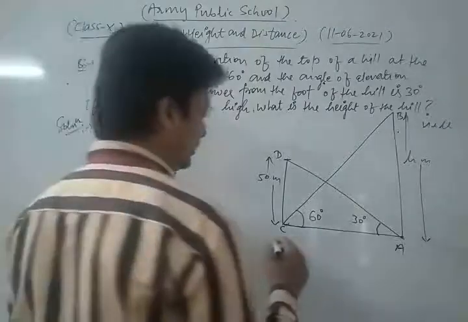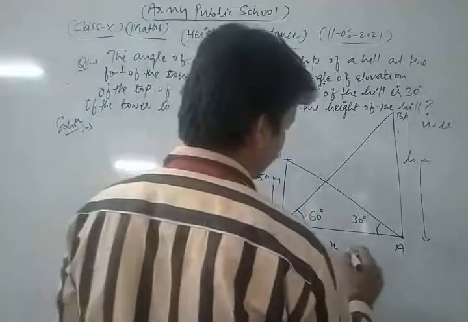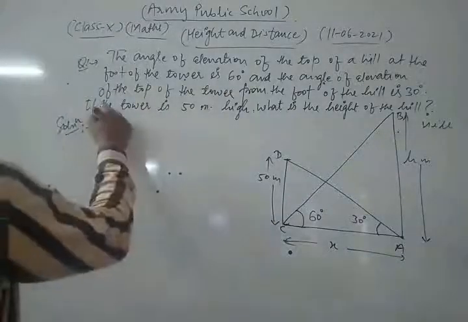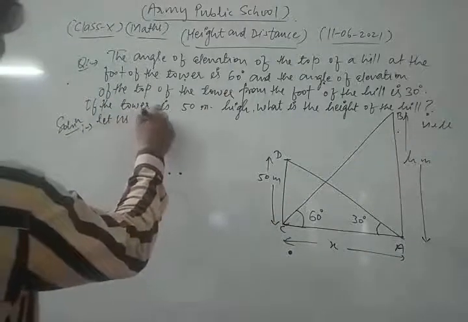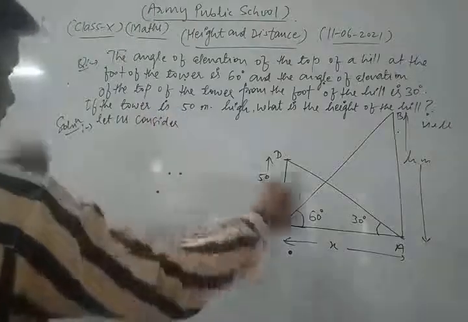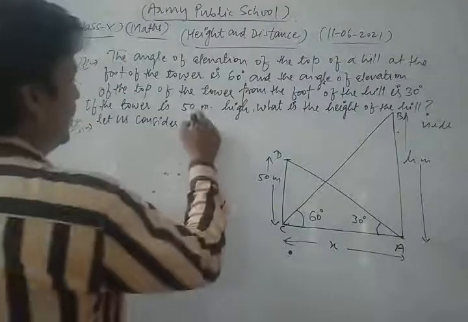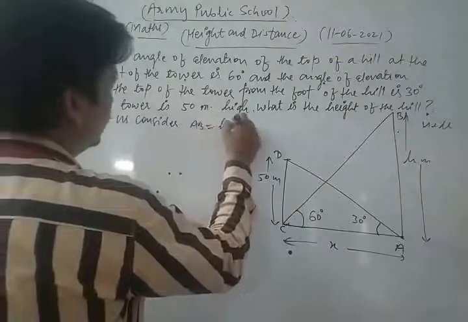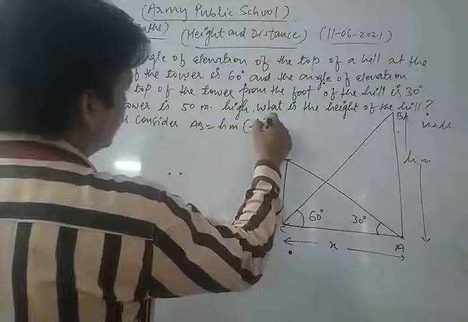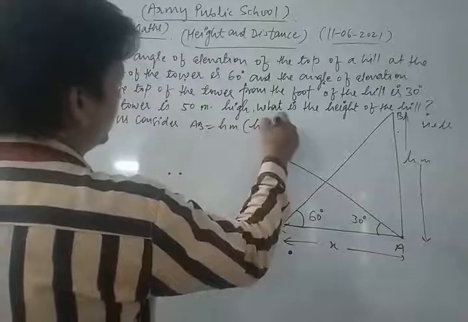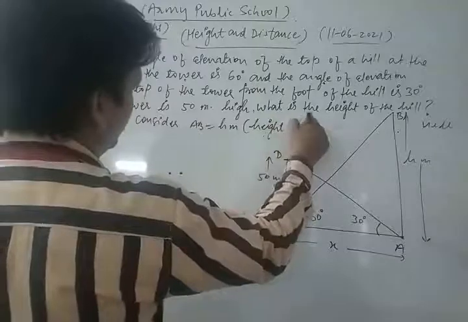Now let us take the base AC as x. AB is equal to h meters, the height of the hill.